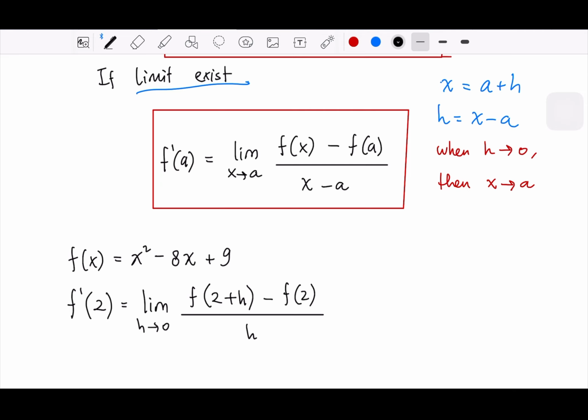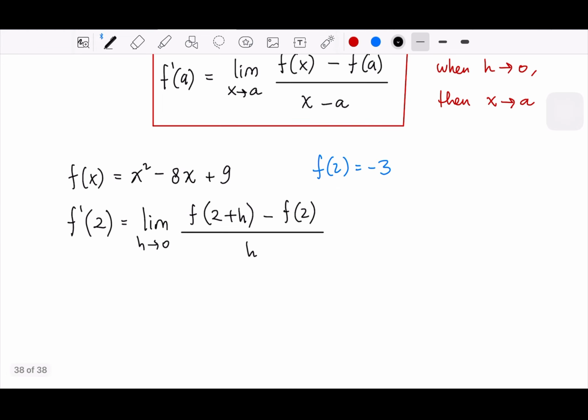So we could check the f of 2. 4 minus 16 negative 12 plus 9 is negative 3, right? So by doing this means we are going to check all the values into the function.